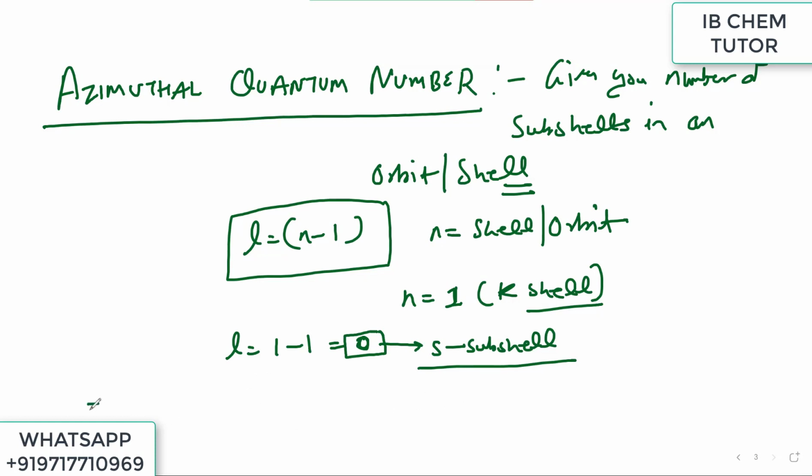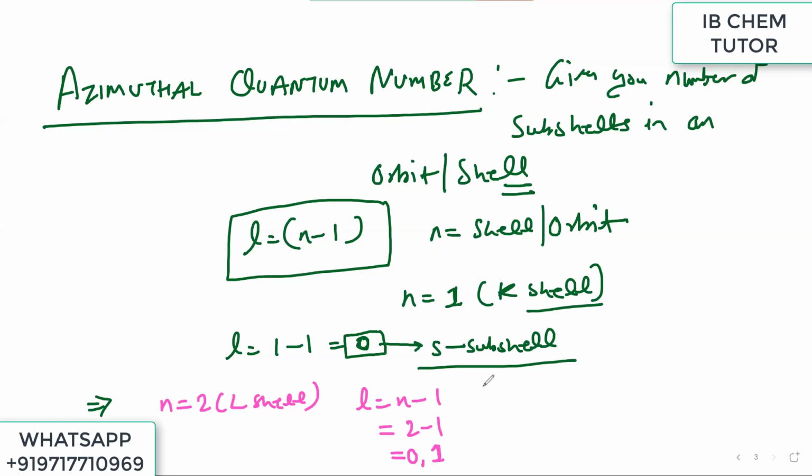Then take another example. Now suppose I am taking n is equal to 2. So this is for L shell. When I apply the formula, l is equal to n minus 1, so it will be 2 minus 1, which is 1. But remember, before 1, automatically you have to write 0 also.